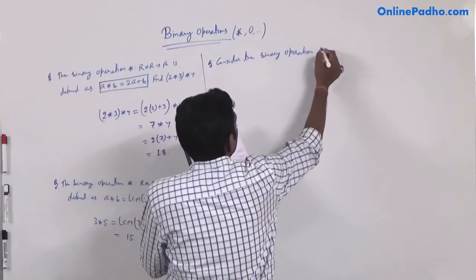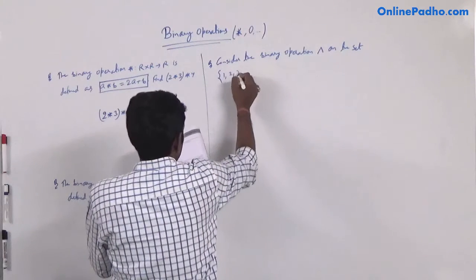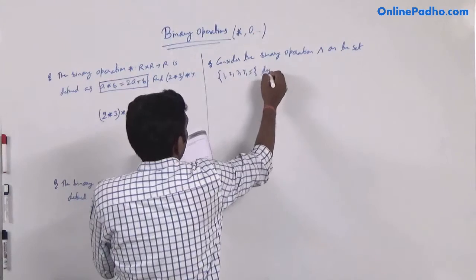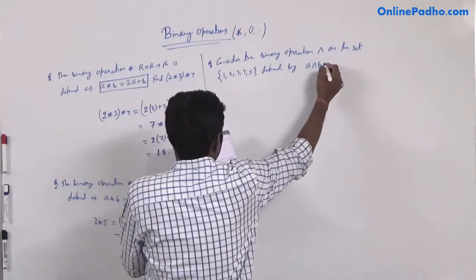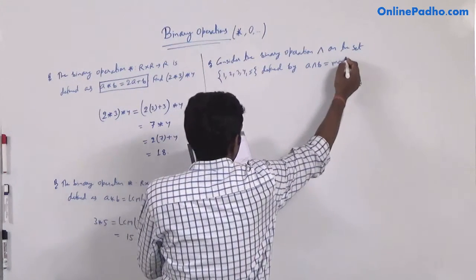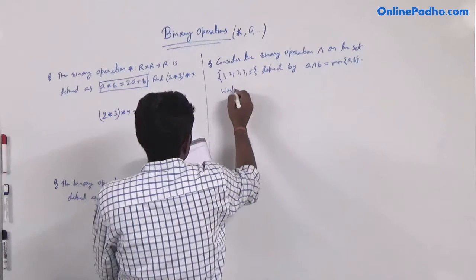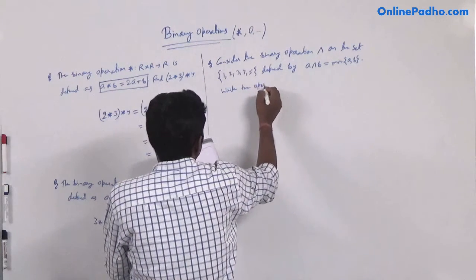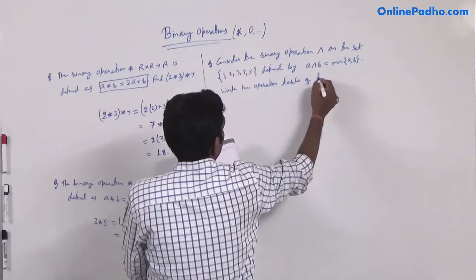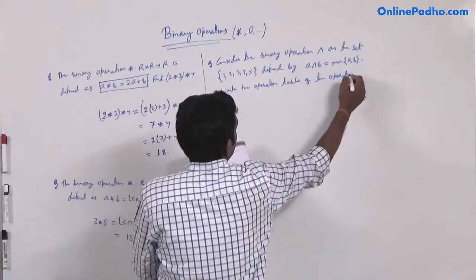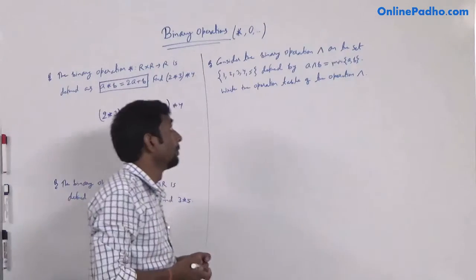We consider a binary operation on the set 1, 2, 3, 4, 5, defined by A, B, this is the minimum of A and B. Write the operation table of this operation. Very simple question, is it. Operation table, right?